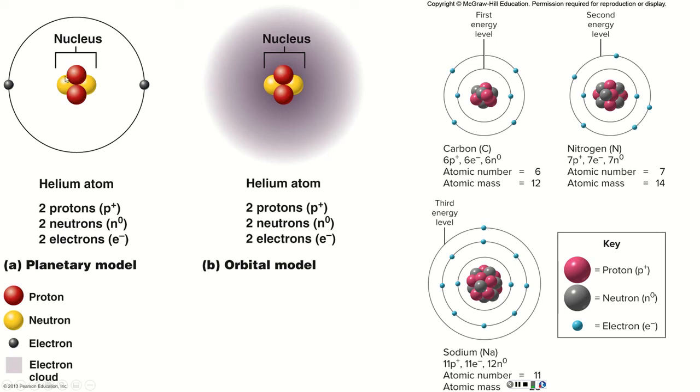So here we see in helium, we have 2 electrons. If we needed to add a third electron, we would have to add another shell. Here in carbon, we have 2 in the first, 4 in the second. In nitrogen, we have 2 in the first, 5 in the second, and we could keep adding more electrons until we get to 8.